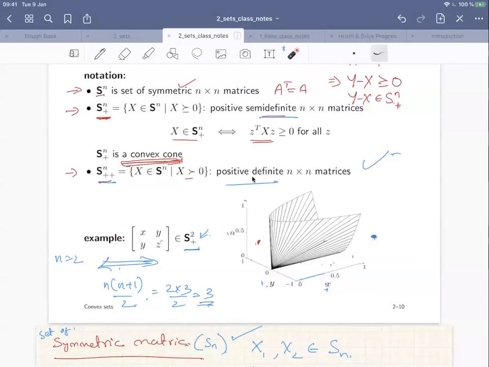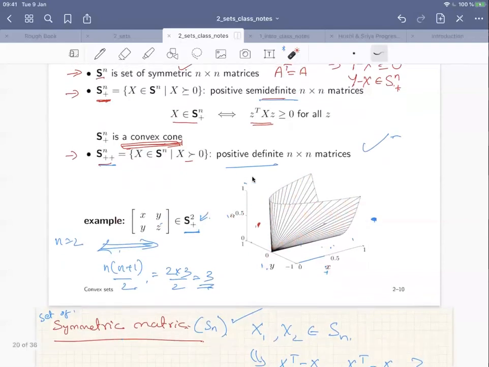So that is part of this set. For example here, if this point does not lie in the set of positive semi-definite matrices, then that is not part of that set. So verify this for all the points and collect the points that satisfy this definition, that means which have non-negative eigenvalues. Then you will get this cone over here. Okay, so this is a convex cone.